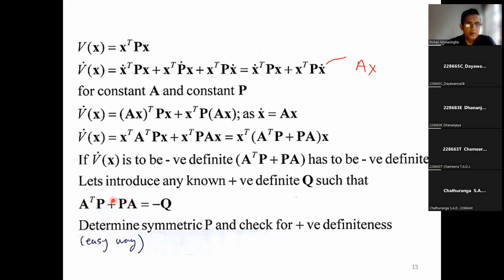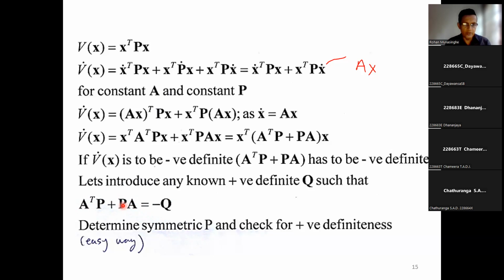We only know A, we don't know P, we don't know Q. So the strategy is that you put a positive definite Q, and then solve the expression for symmetric P. There can be many P's, but we'll assume symmetric P, solve for the elements of P, and show that it is positive definite.